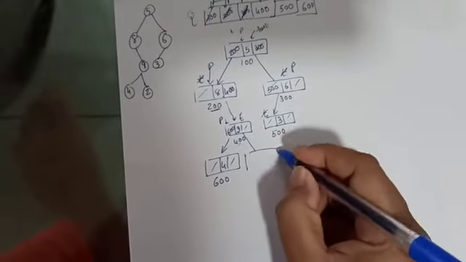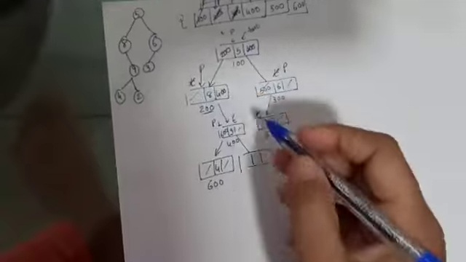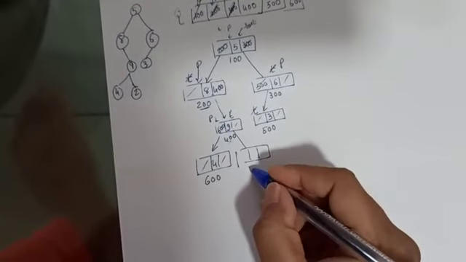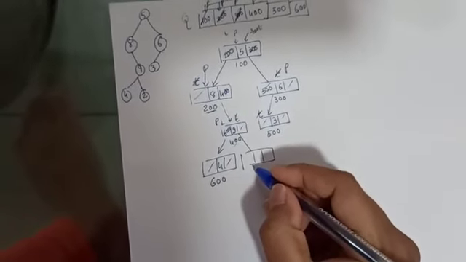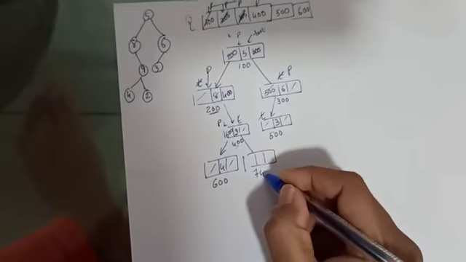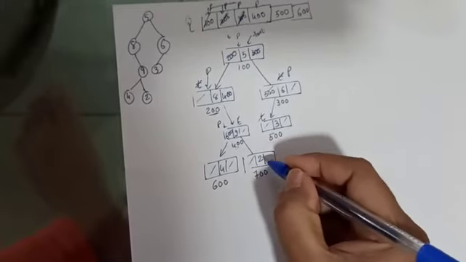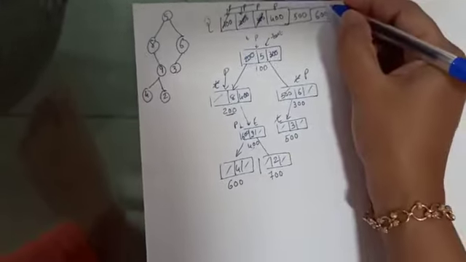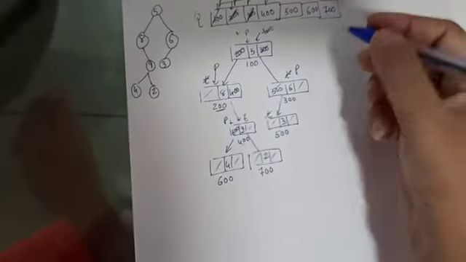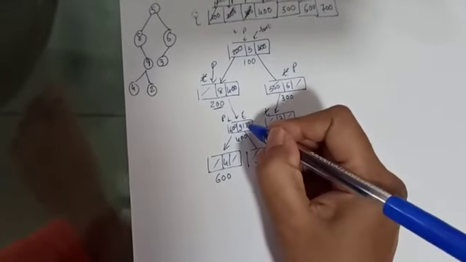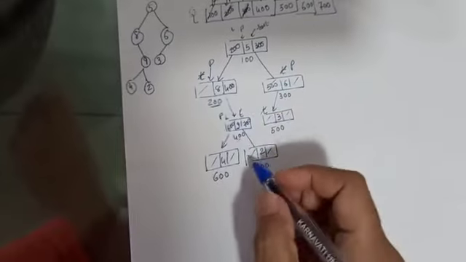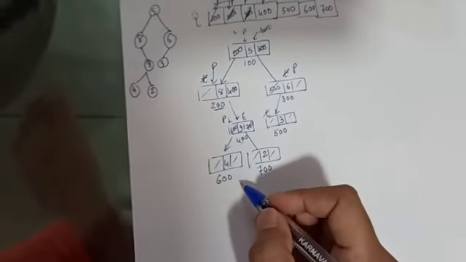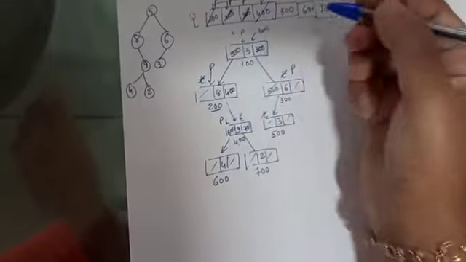Similarly, this node has a right child also. So this address is 700, value is 2. Set both links to null. Insert the address 700, and store the address 700 as the right child. So now this 400 is processed.